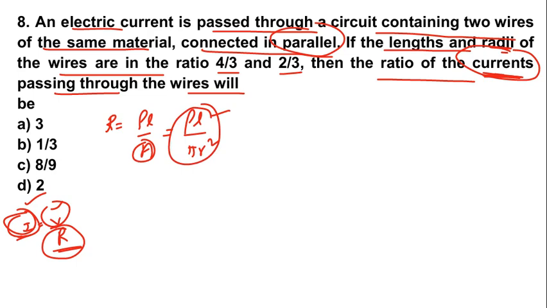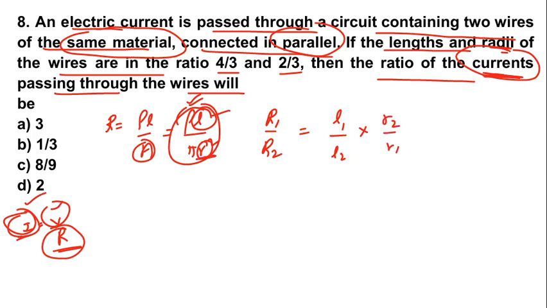So based on this you can write the formula, that is R1 by R2 equals, here the same material is given, so we can ignore rho here. L is changing here, so L1 by L2 into, here the radius is changing, which is inversely proportional, so R2 by R1 whole square.